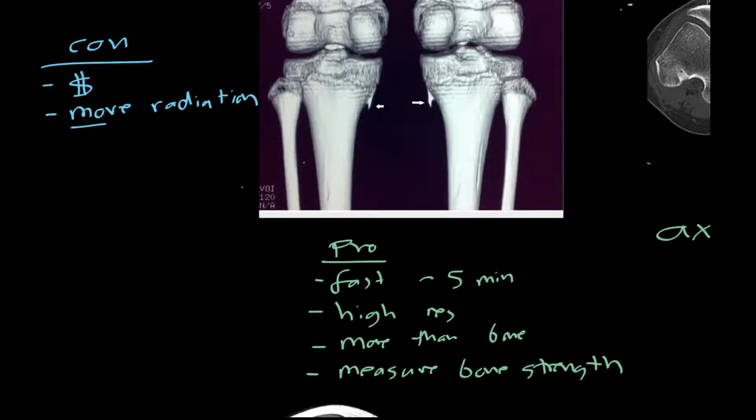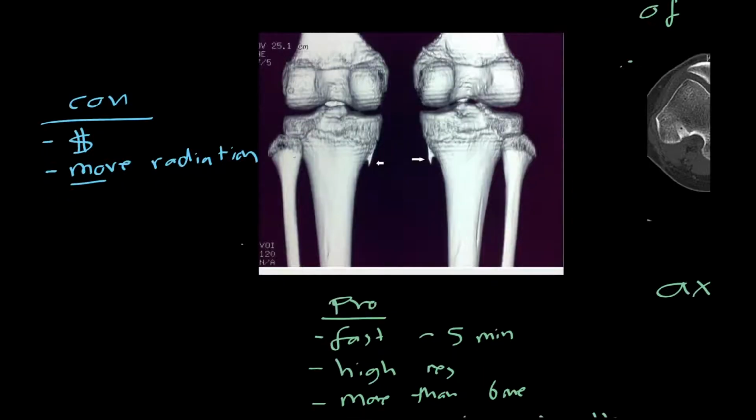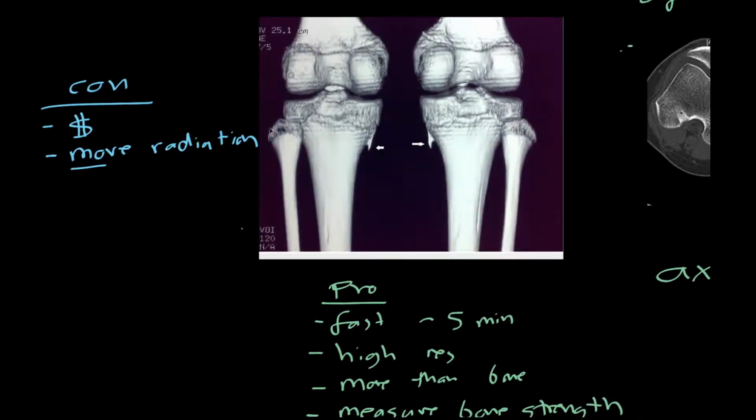As you might imagine, to get all of this detail, you do need to bombard the body with a lot more ionizing radiation. So again, don't really want to be doing these willy-nilly. One, two, three CT scans, not a big deal, but there's a reason why, for example, they don't do these on kids who get concussions, because you don't want to be bombarding your brain with radiation all the time.